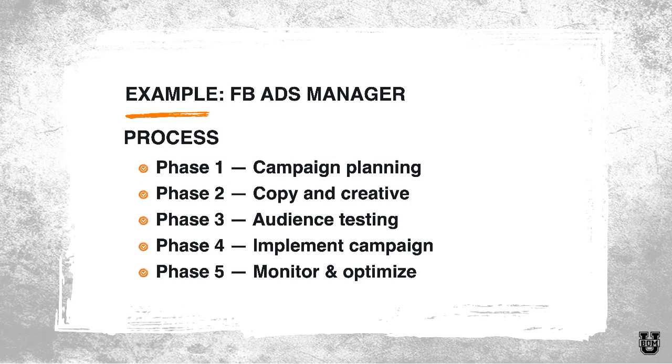The process is going to be a 5-phase process. We're going to plan the campaign. We're going to do the copy and the creative, test audiences, implement the campaign, and then monitor and optimize. And if you were putting this in a proposal, you would want to have a little more detail here, but just for the purposes of this example, we're going to keep it to this basic outline.